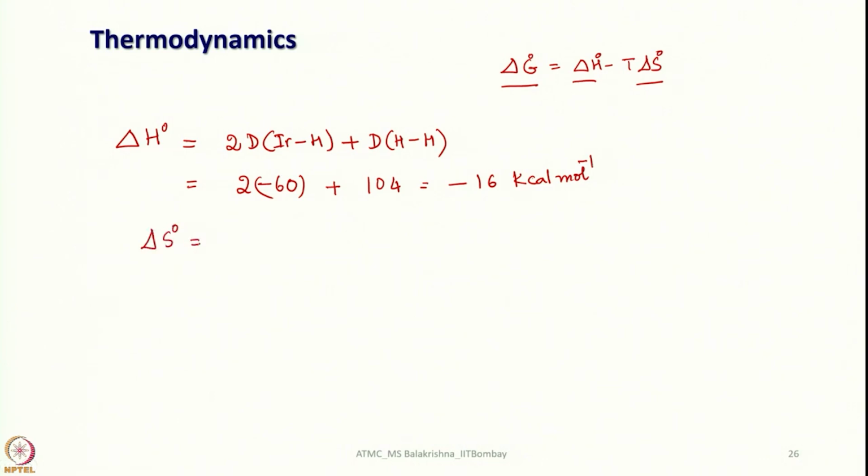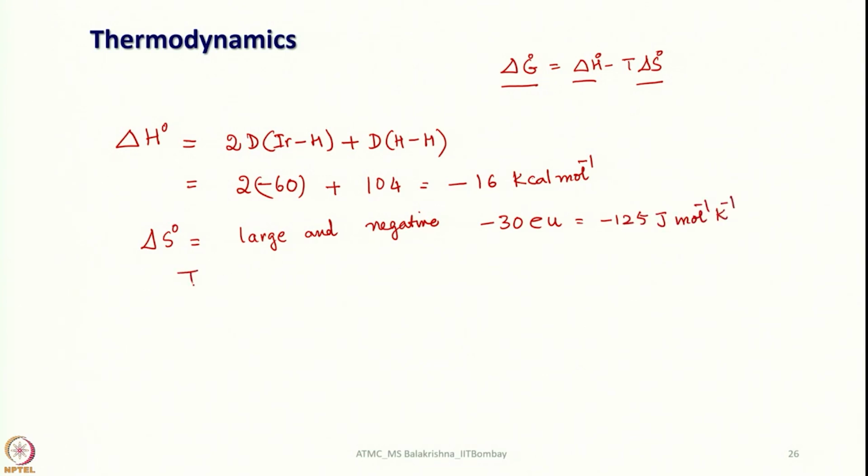Now we have to calculate delta S. Of course, if you look into that reaction, delta S is large and negative because the gaseous H2 is disappearing, and in its place we are getting a solid. This is very large and negative. So, this is minus 30 entropy units, equivalent to minus 125 joules per mole per Kelvin.